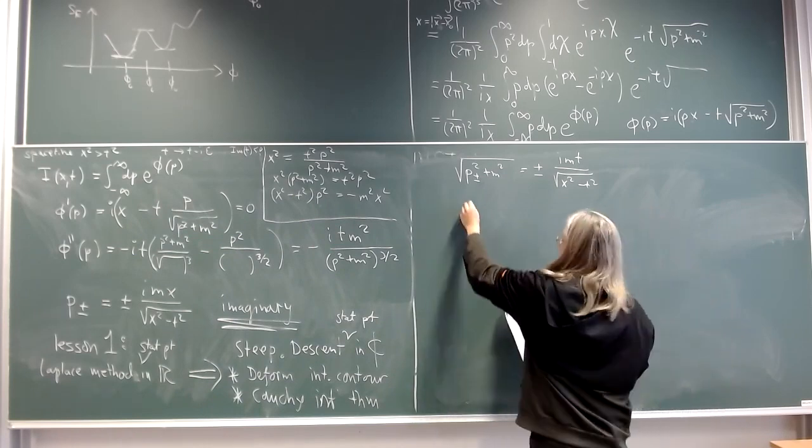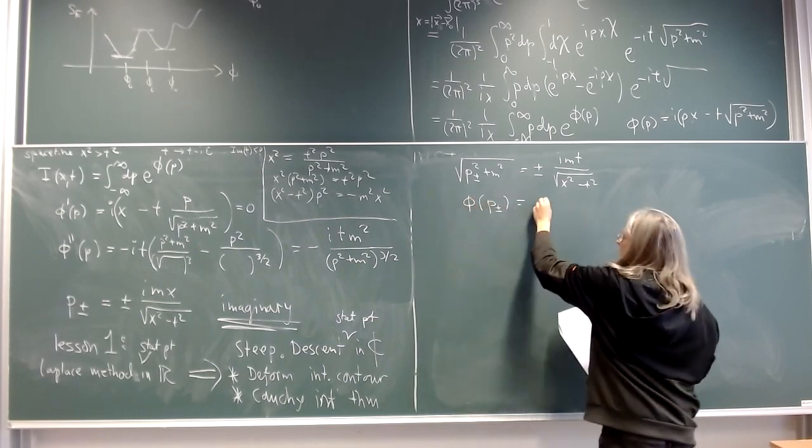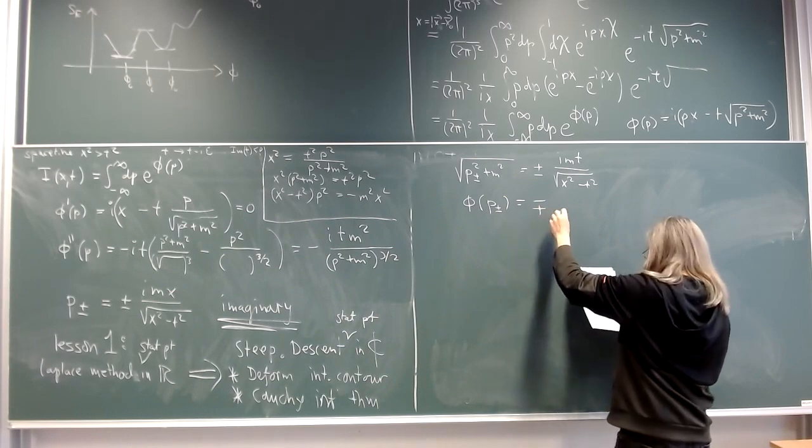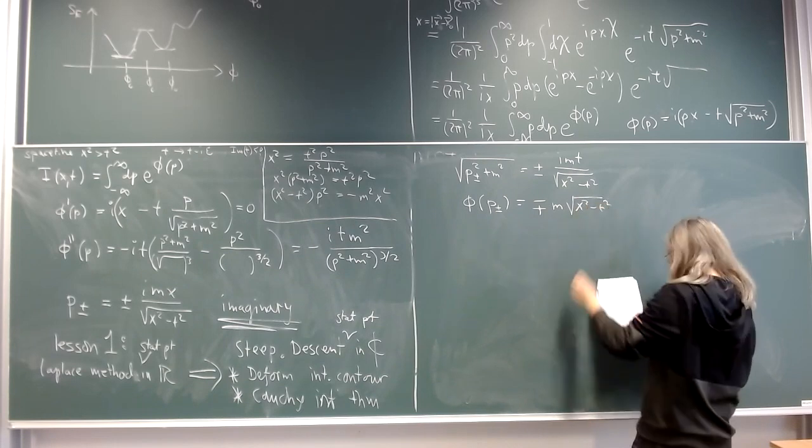And the same goes for phi of p plus minus, which now is minus plus n times the square root of x squared minus t squared.